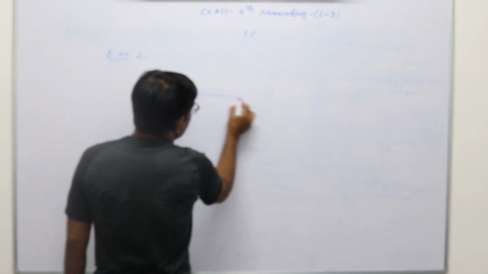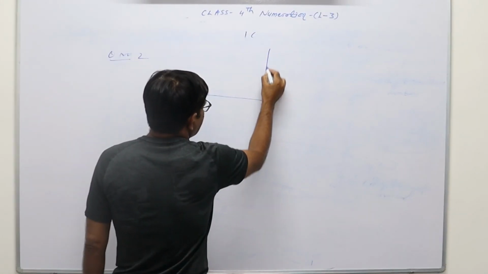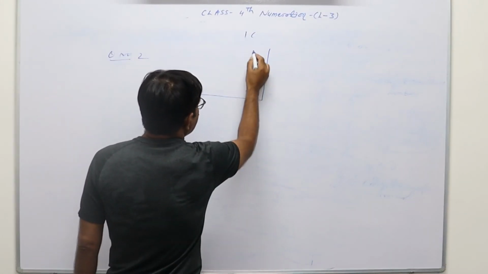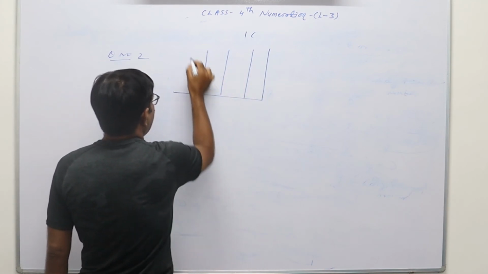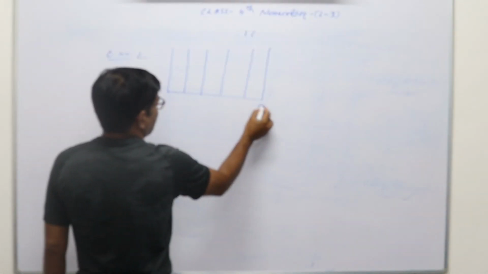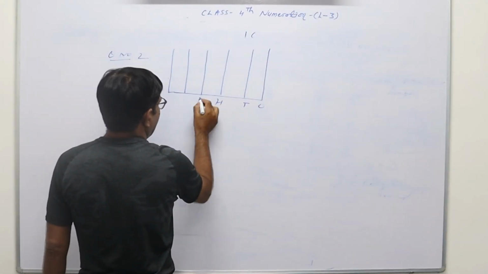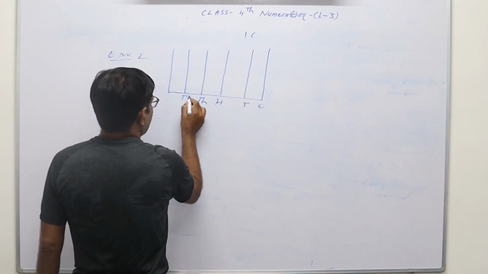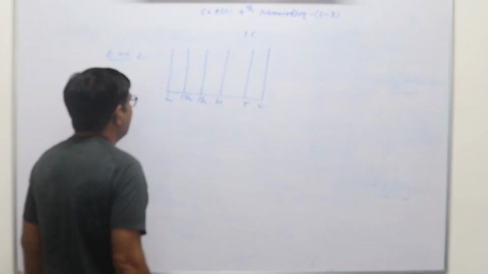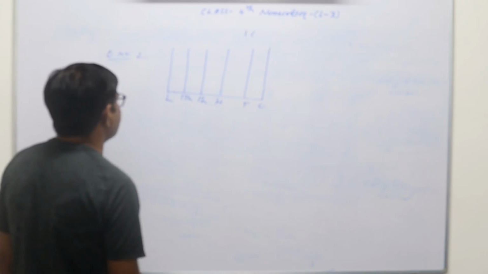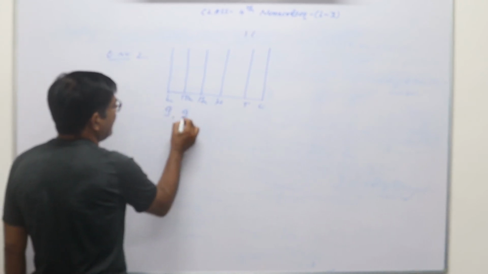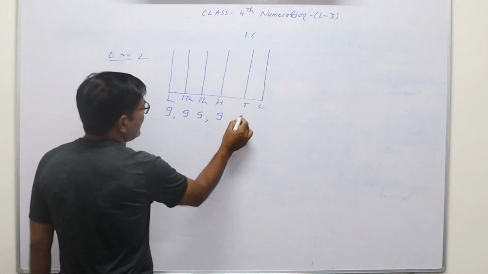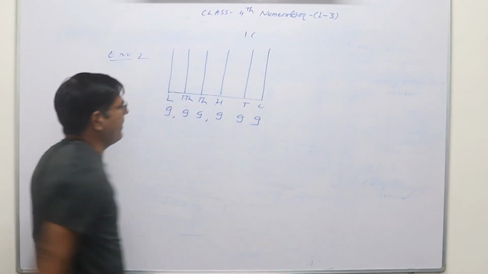So on the abacus, let's take 6 strips: ones, tens, hundreds, thousands, ten thousands and lakh. And we have to write the 6-digit largest number. So it will be 9 lakh 99,999.